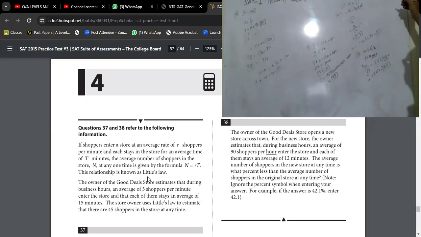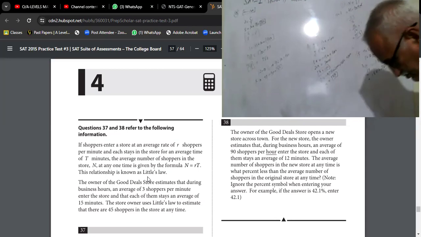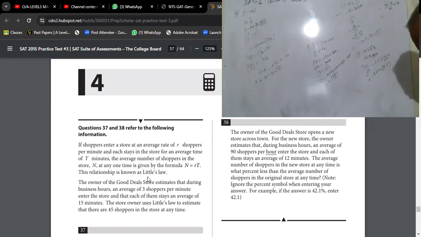So the percentage is, the original there was 45, 45 minus 18 over 45 into 100, and that thing is equal to 60. So the answer to this question is 60.